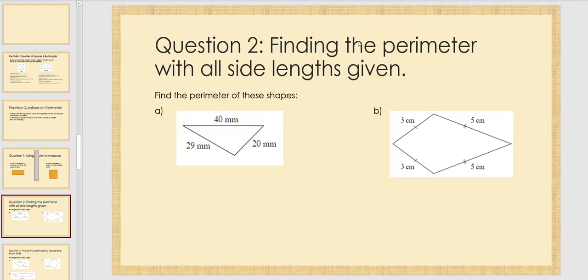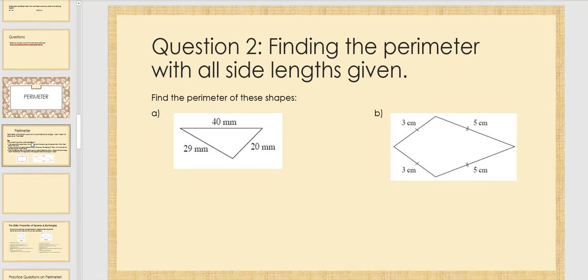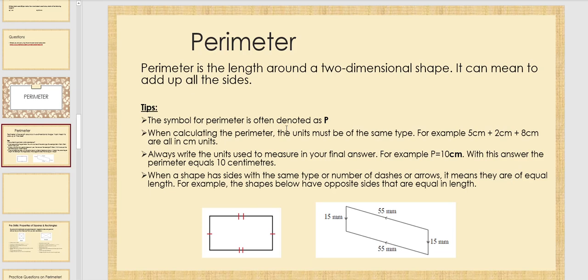Okay, for our next question, it asks us to find the perimeter of these shapes. Now, it also tells us that all the side lengths are given, and we can see that. When it comes to measuring perimeter, you should have read through what perimeter is, and we are going to use the symbol P for perimeter in our working out.